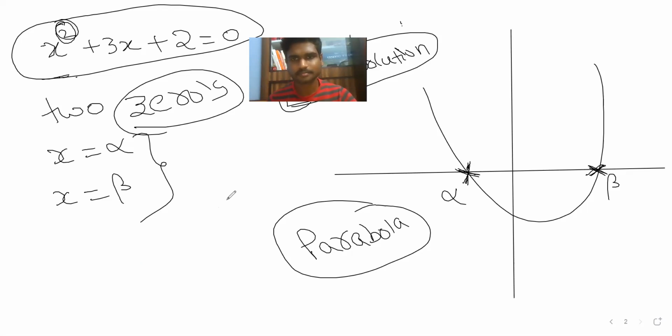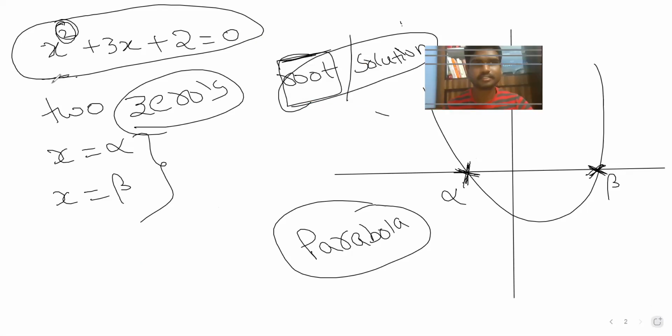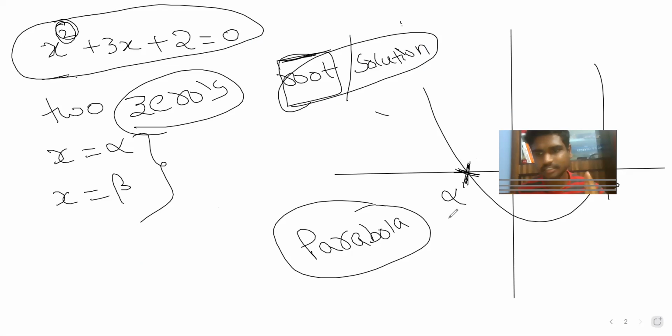Now we will come to the book. First you understood what alpha and beta are: they are the roots or the zeros of the equation. Now this is degree 2, and degree 2 is called a quadratic equation.